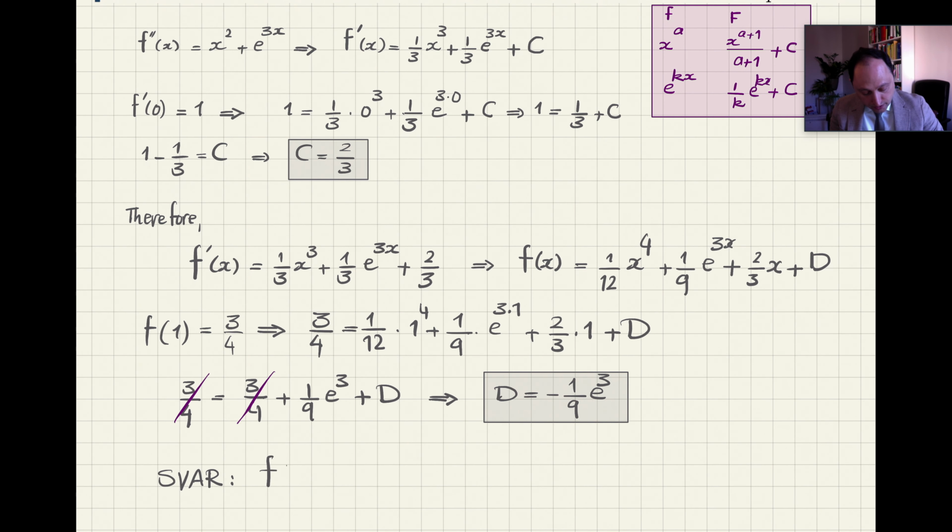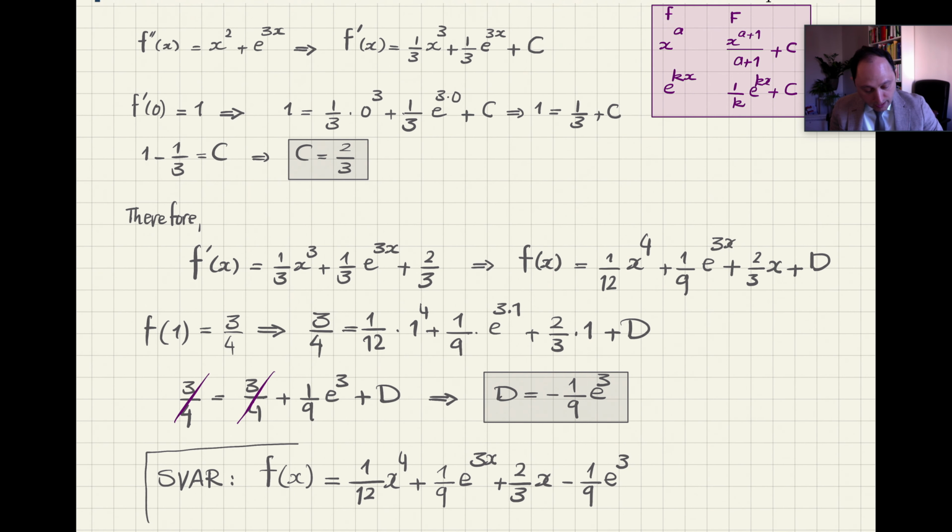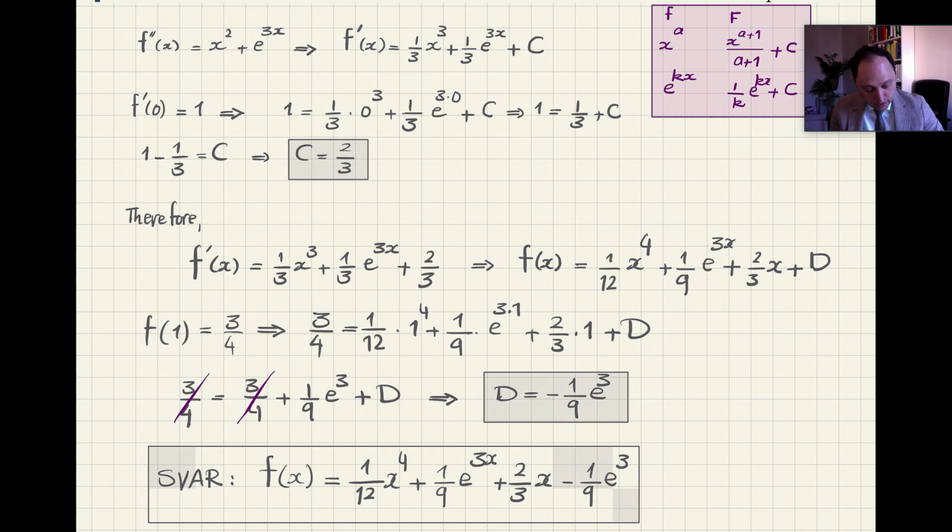So the function that you are looking for is 1/12 x to the 4, plus 1/9 e to the power of 3x, plus 2/3 x, and then minus 1/9 e to the power of 3. So this is the unique answer that you should be able to get.